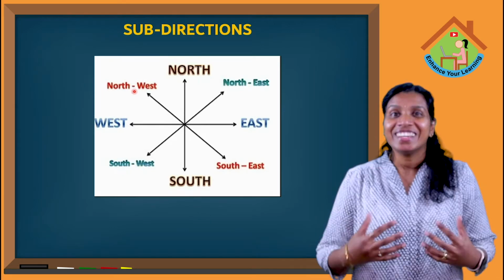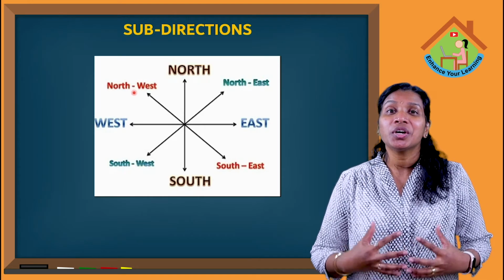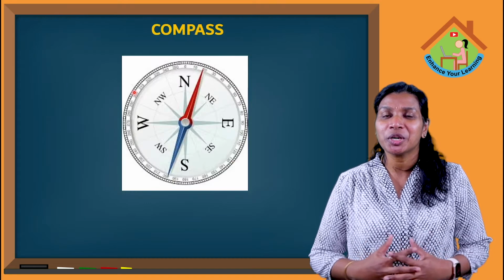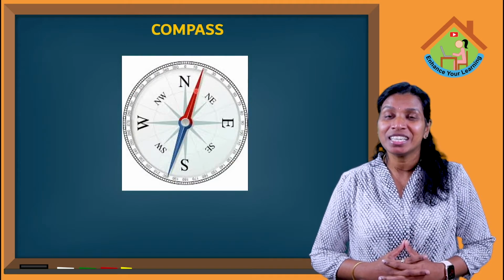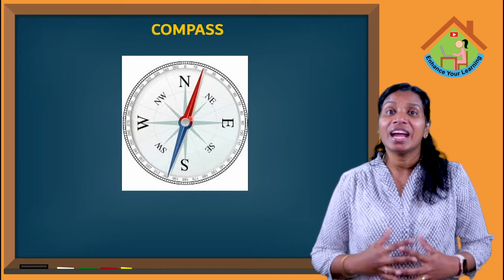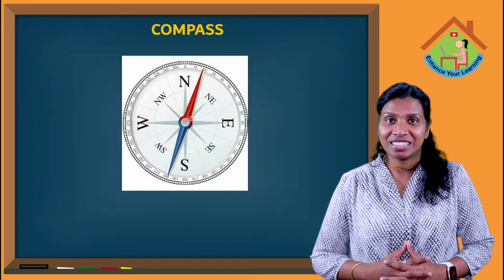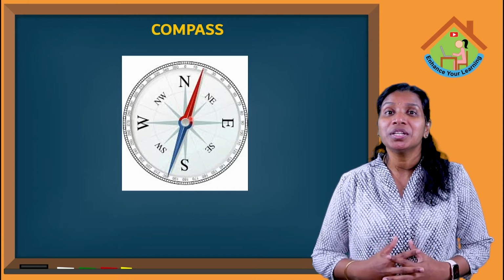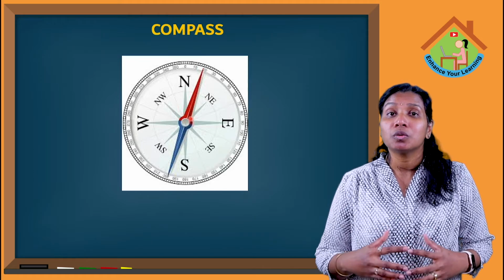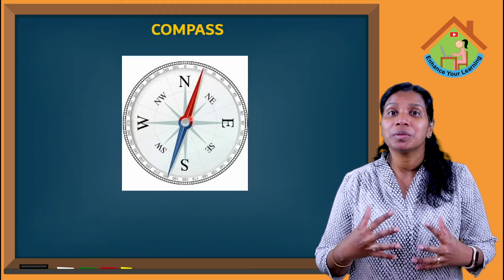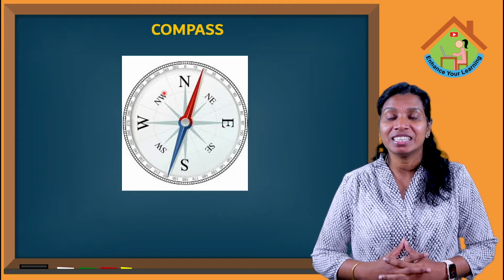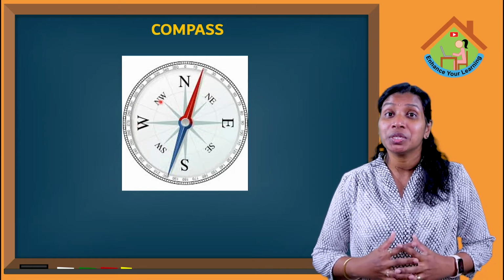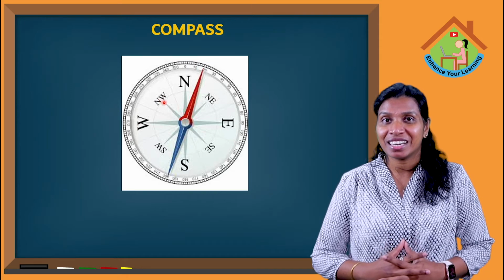Okay kids, next we are going to see about the compass. What do you mean by compass? Compass is an instrument which helps us to identify the directions. People who go on ocean travel or travel in a boat or ship carry a compass with them in order to identify the direction.